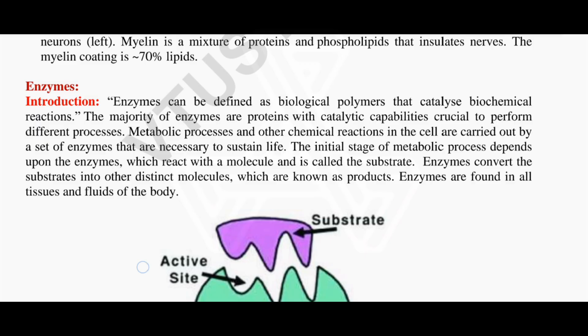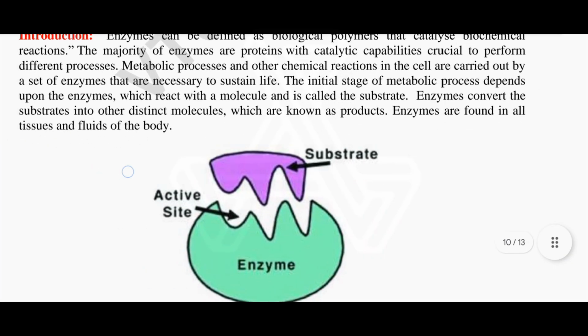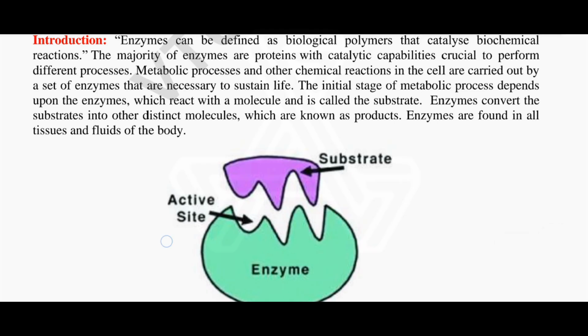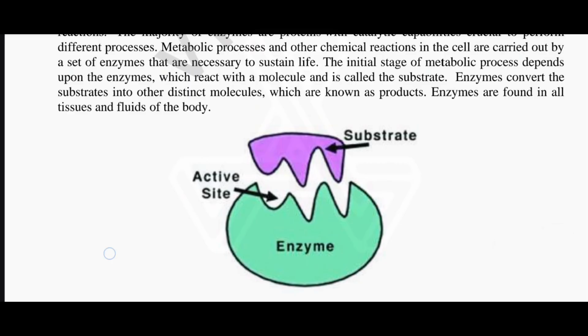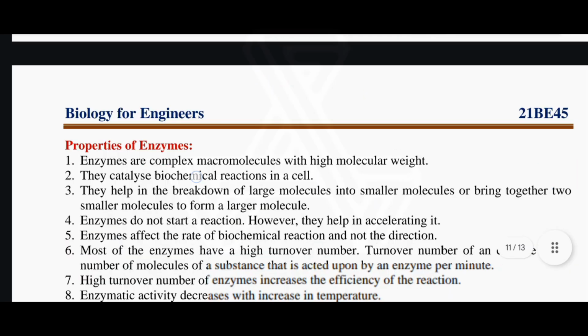The initial stage of a metabolic process depends upon the enzymes which react with a molecule called the substrate. Enzymes convert the substrate into other distinct molecules known as the products. Enzymes are found in all tissues and fluids of the body. Here is a substrate and an enzyme, and there is an active site as well.